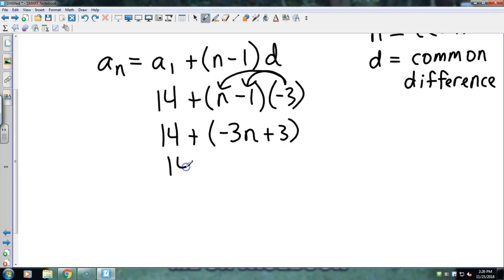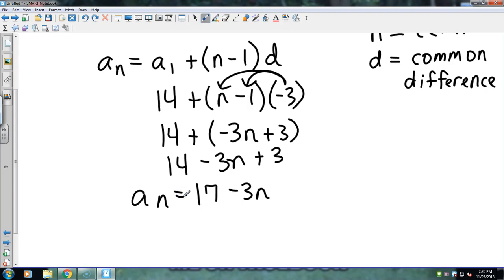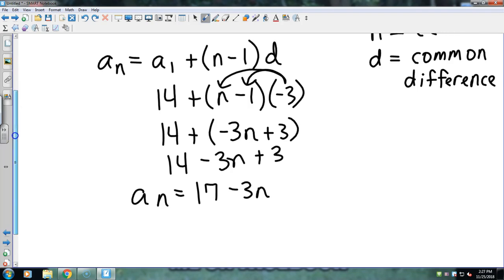So now this ends up being 14 minus 3n plus 3, and I can put that together to be 17 minus 3n. So that's my equation to find any number.